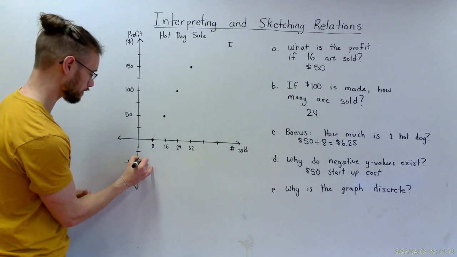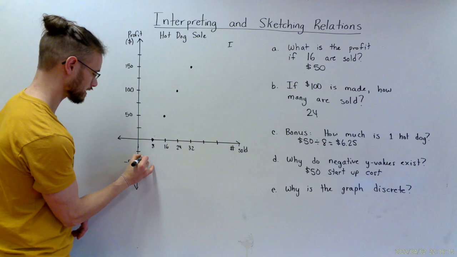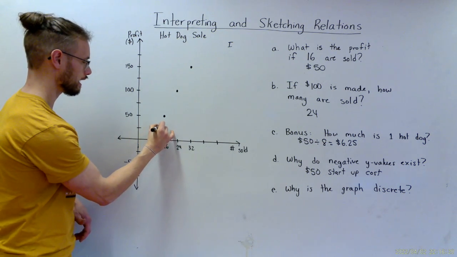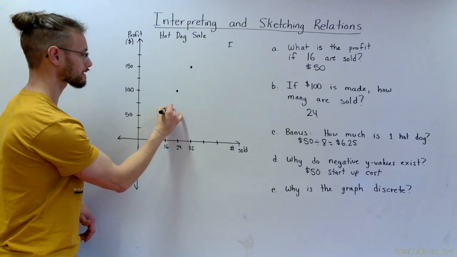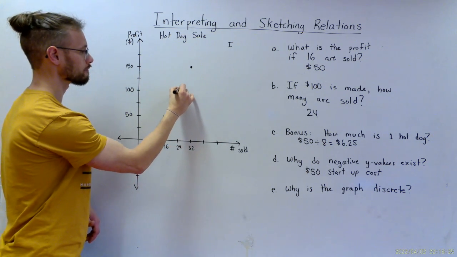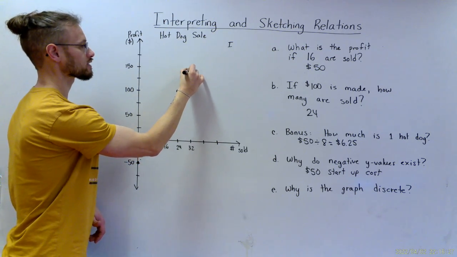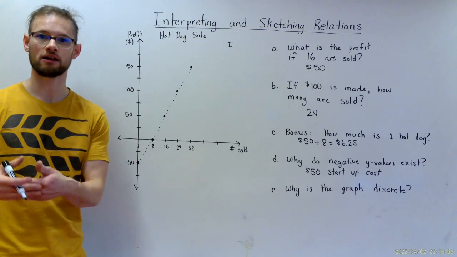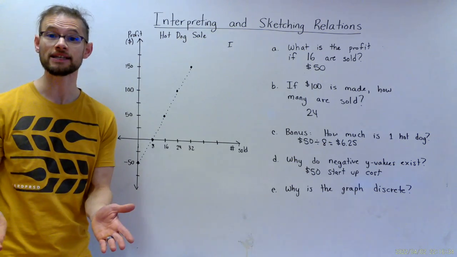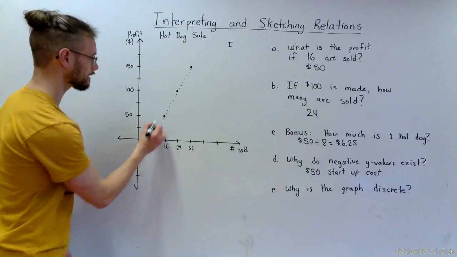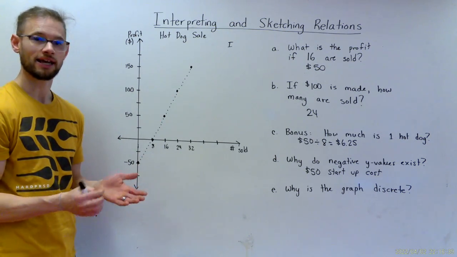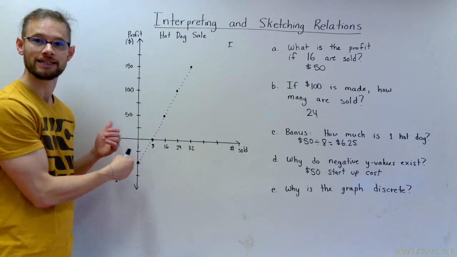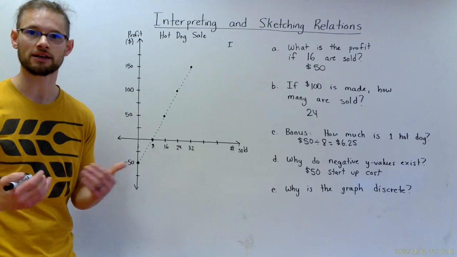And in reality, what I should be doing is put 7 dots between each one of these, because we know that in a hot dog sale you can buy a single hot dog, and so it's discrete because I can't sell a quarter of a hot dog or a 16th of a hot dog. And if I were to connect this with a line, that would suggest that I could sell any fraction of the hot dog and therefore get a different amount of revenue, which just isn't realistic for this point.